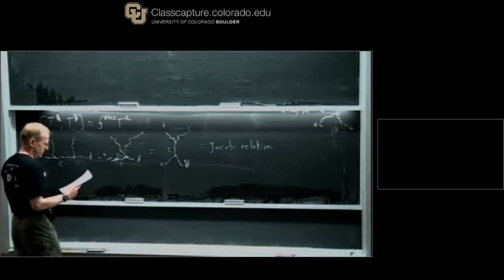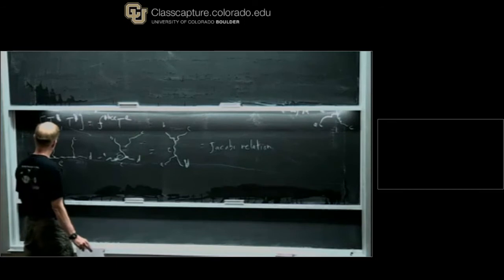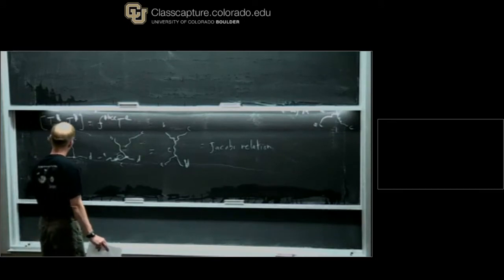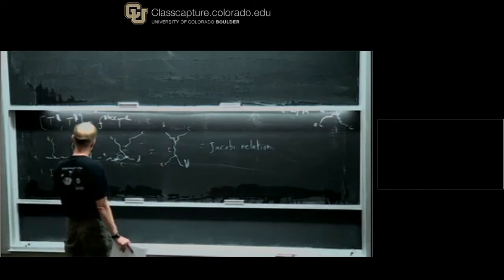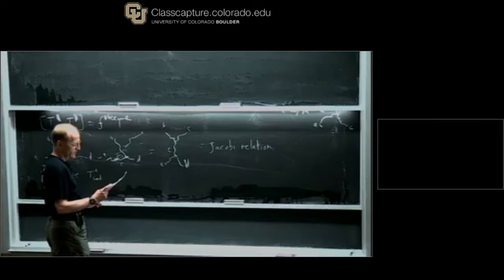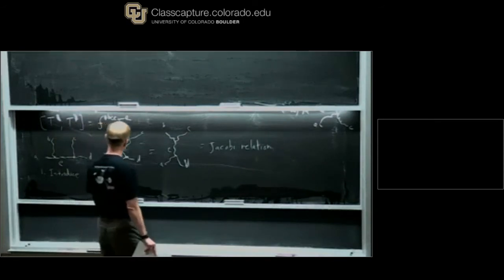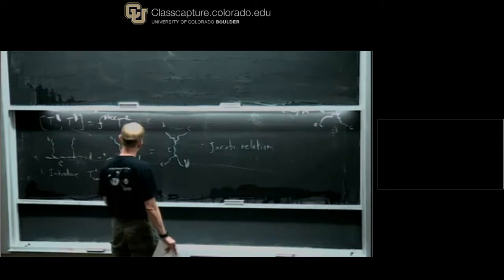So one approach is to introduce something that you technically don't need, but it's very useful, which is the generator in the fundamental representation. And this leads to something called the trace basis.